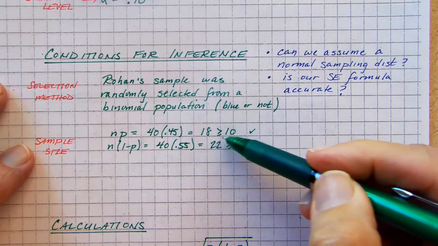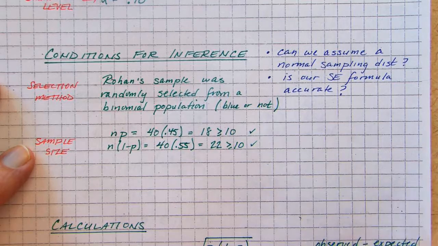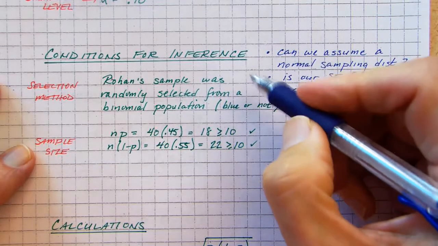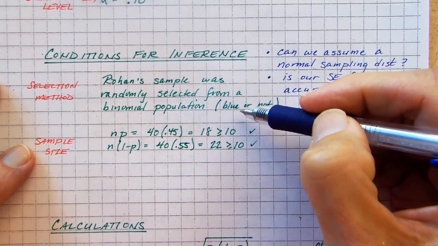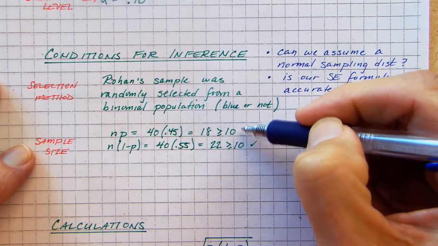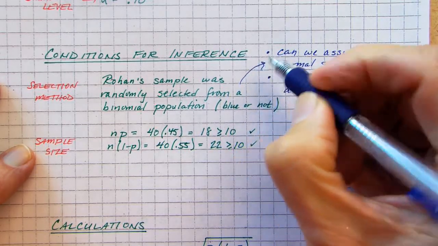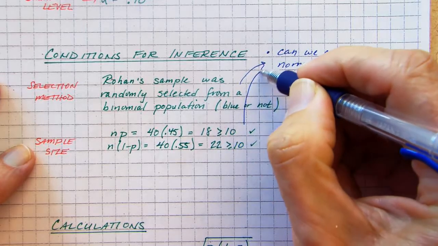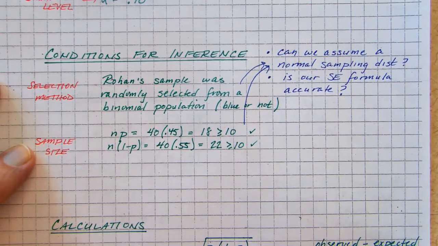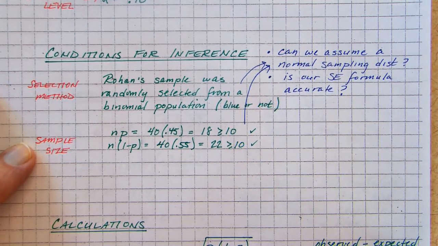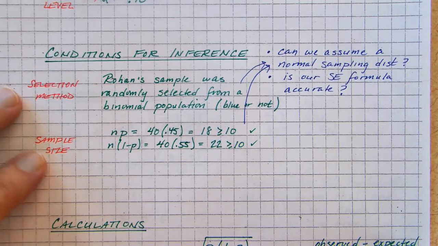As long as both are over 10, the sample is large enough. These two pieces together, randomly selected from a binomial population and meeting this standard, allow us to assume we're working with a normal sampling distribution.